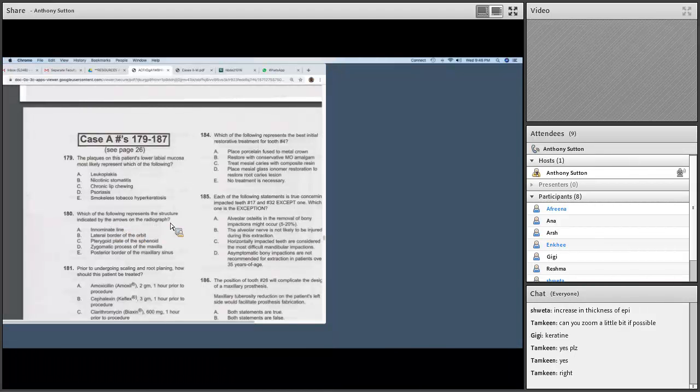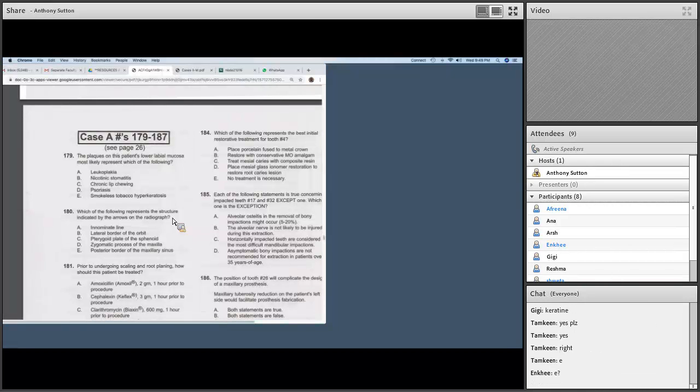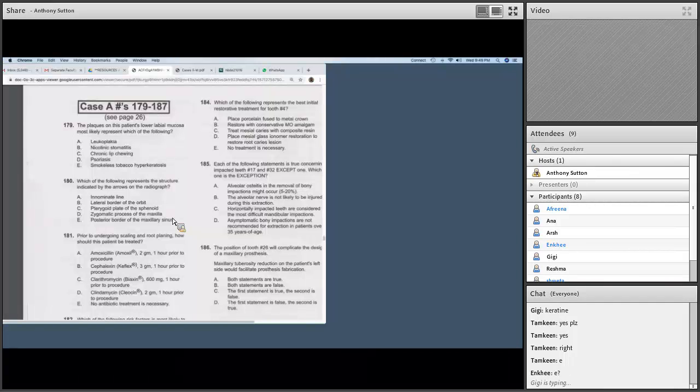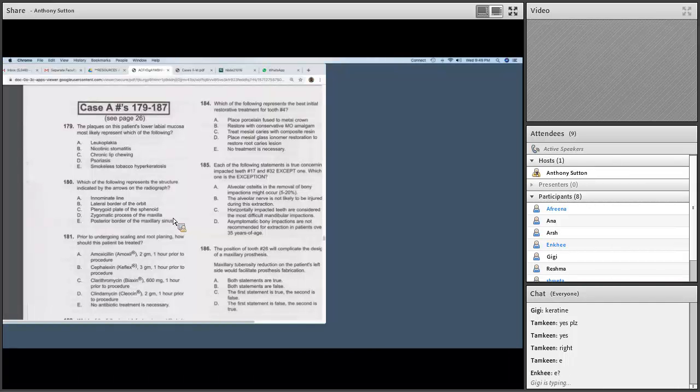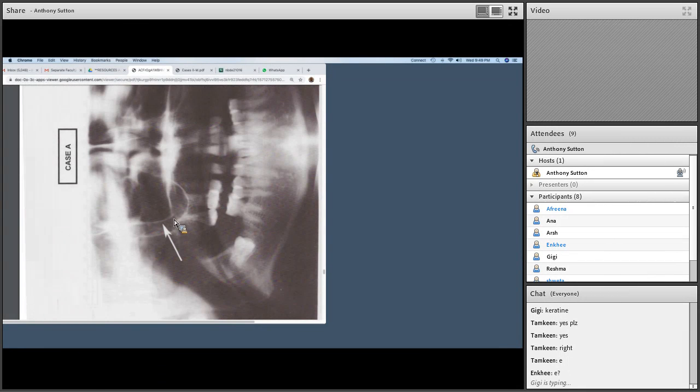Which of the following represents the structures indicated by the arrows in the radiograph? So go look at that radiograph one more time, the pan, and look at that arrow. So let's go to the radiograph and look at the arrow together. All right, so we're looking at this arrow.